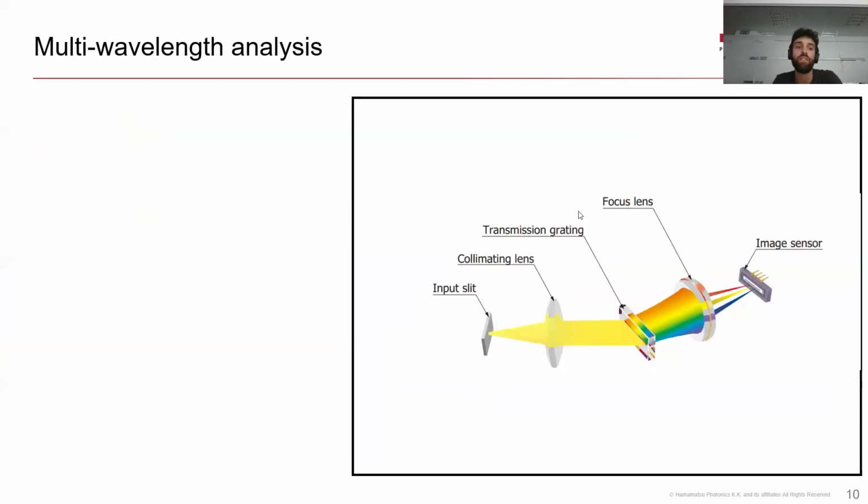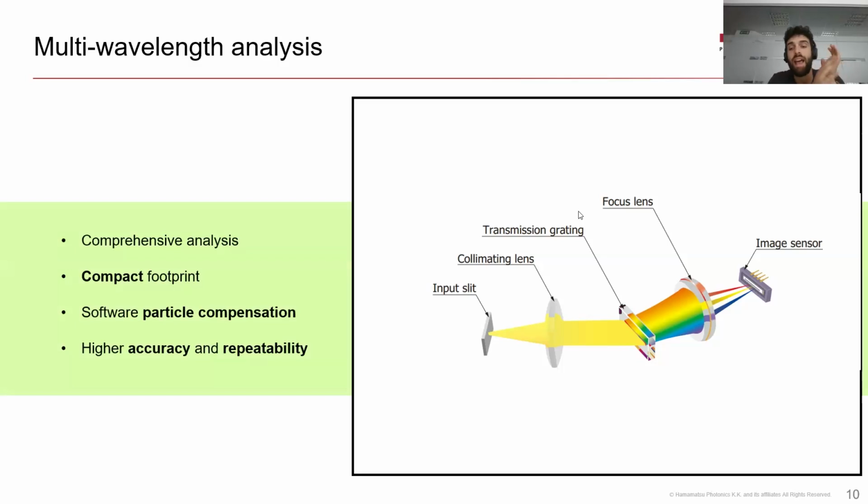On the other side, we have the multi-wavelength analysis that we saw 2 slides ago that uses a spectrometer instead. And this has several advantages. So obviously, we are now analyzing several different wavelengths, so you get a comprehensive analysis using some software processing. You can get information about several analytes present at the same time.